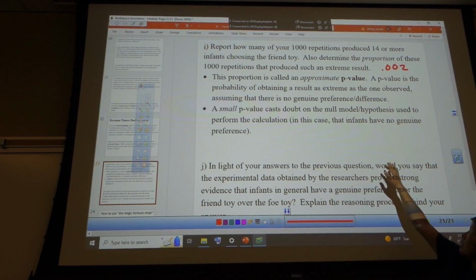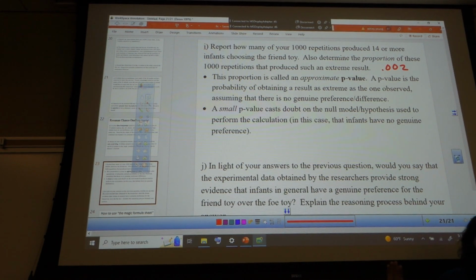That casts doubt upon the null hypothesis, which says there's no preference. Remember, a small p-value means that the null hypothesis is probably wrong.